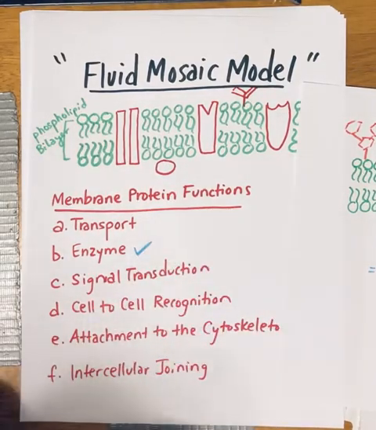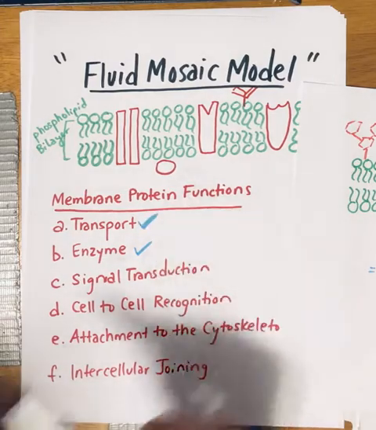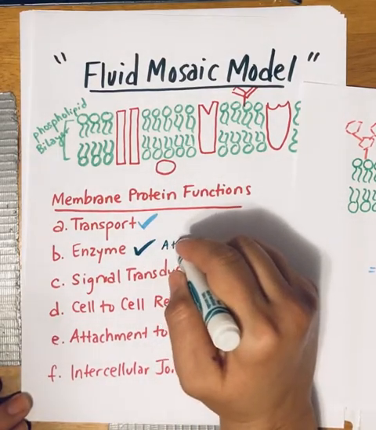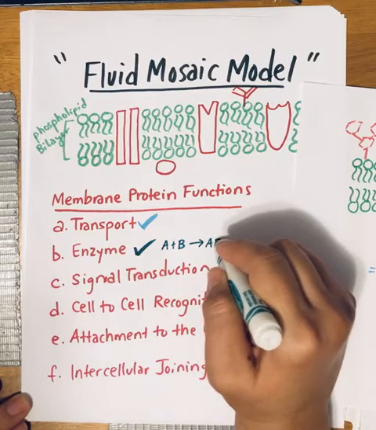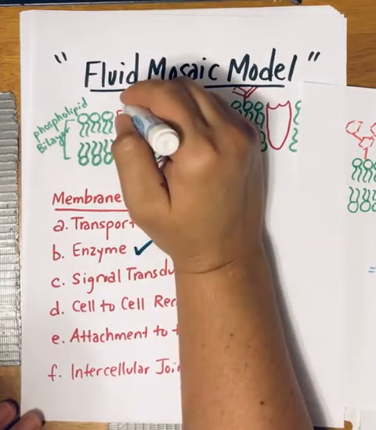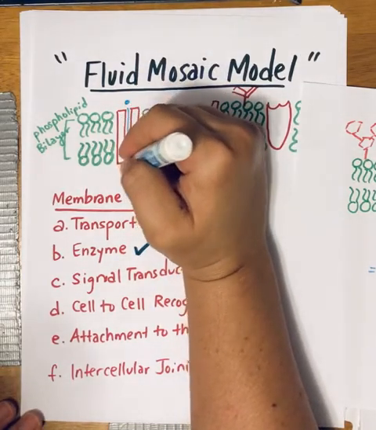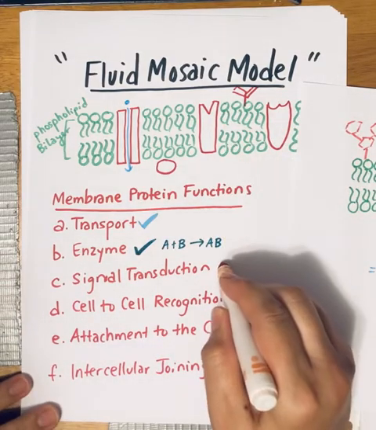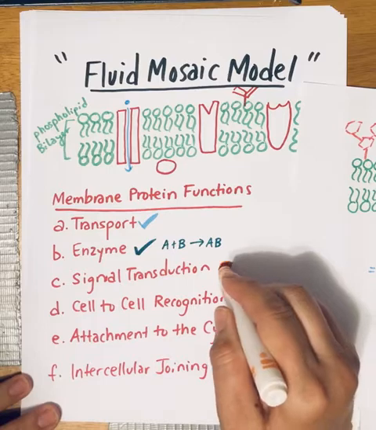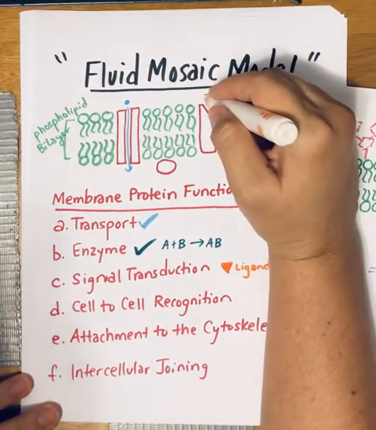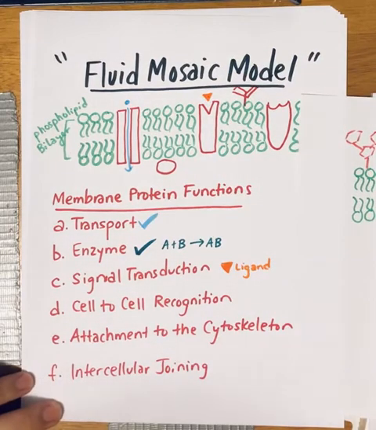We had enzyme, which speeds up chemical reactions. Signal transduction is going to use a ligand to bind to a protein receptor.